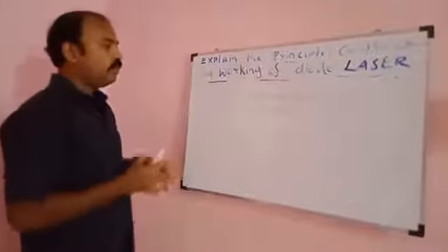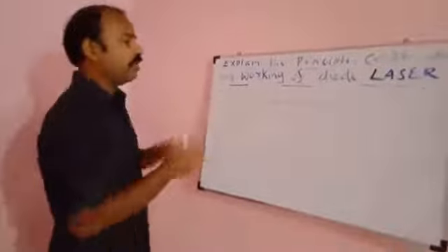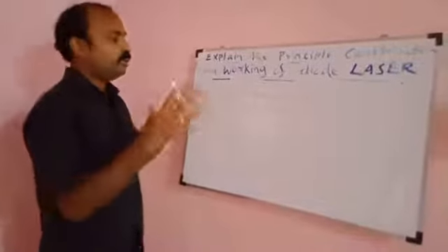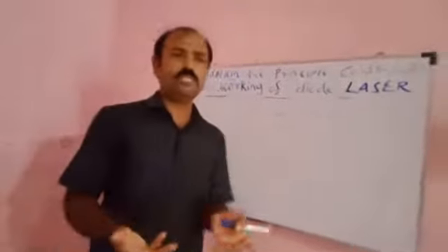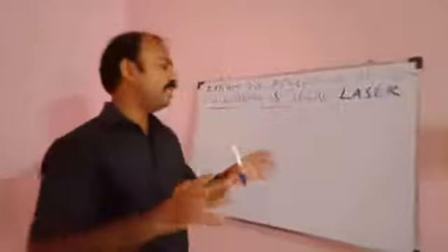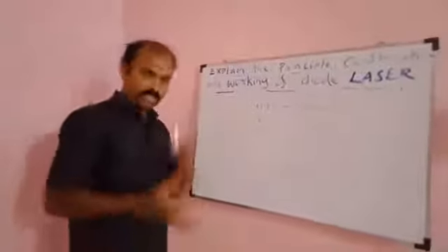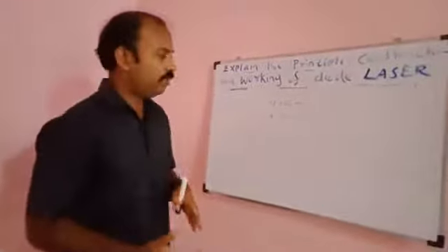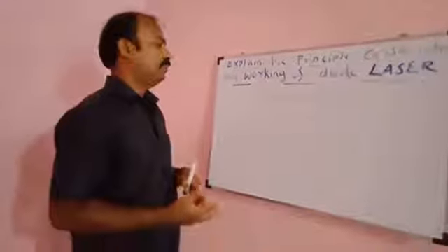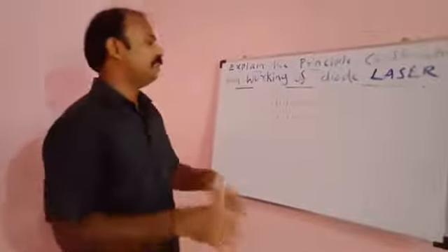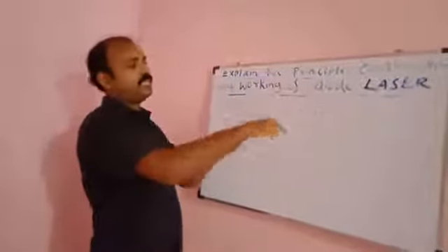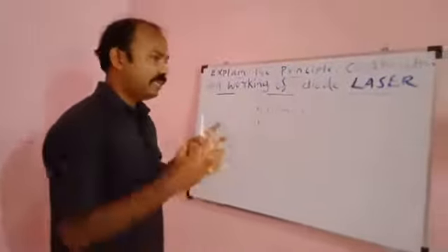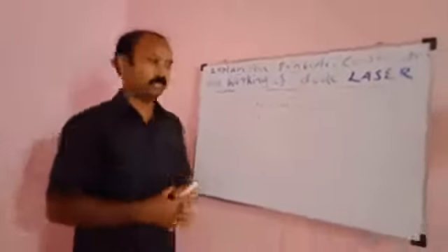Here I am going to teach about the heterojunction diode laser. The principle is very simple: the recombination of hole and electron. As a result, light comes out, and in this case the emitted light is in the range of laser.